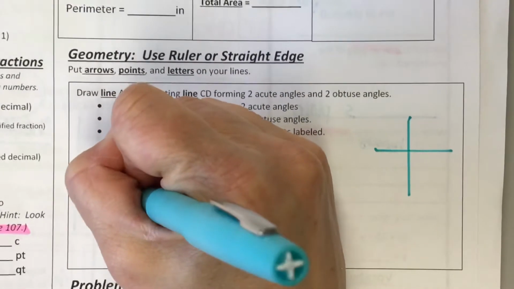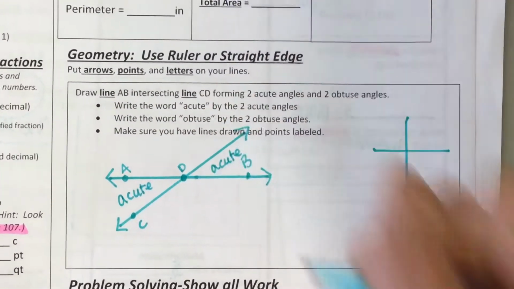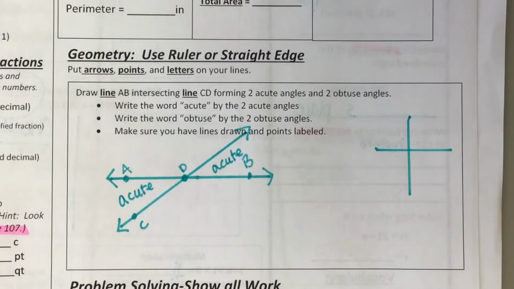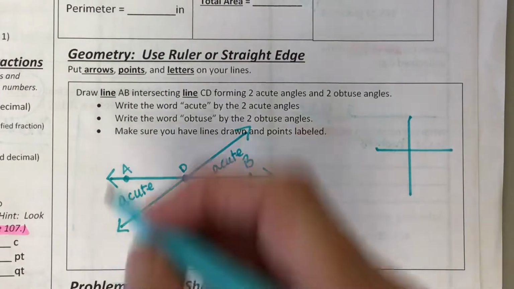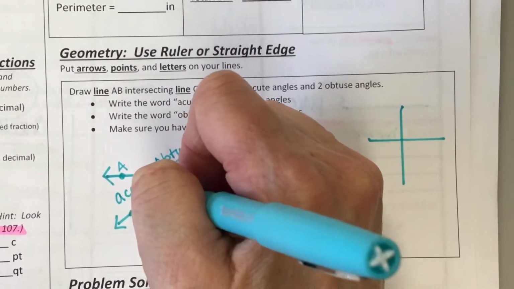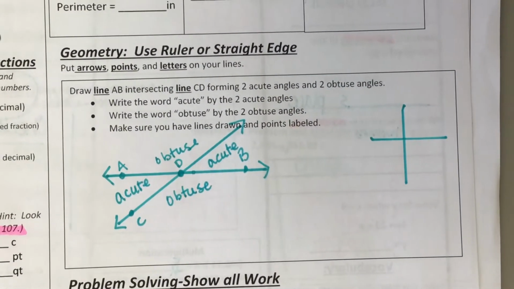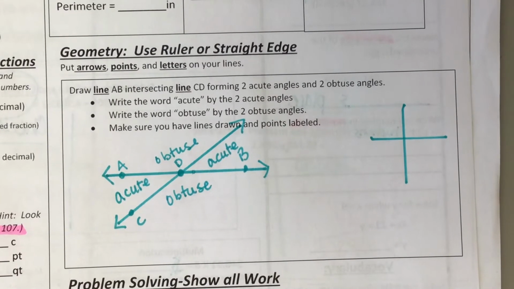So this one is acute, and this one is acute. Obtuse means greater than 90 degrees. They're bigger. They open wider than 90 degrees. So you need to label those obtuse. Okay? Yes, ma'am. So instead of the points, sometimes I do like that. You need a point. We need to have points.